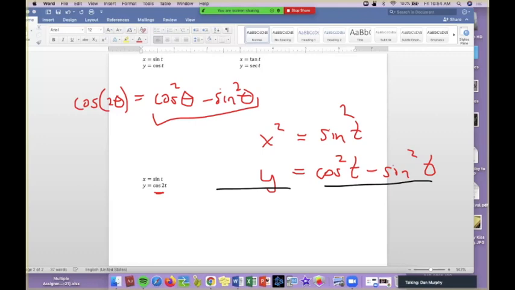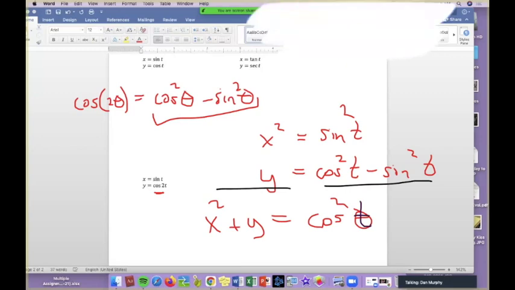And what we end up with is x squared plus y is equal to the cosine squared of theta. And then to get out of there, you've got to use another trig identity. Oh my gosh, I'm so down a rabbit hole, I'm sorry. And this should be t, by the way. The other identity you would need is, let me push the identity up here in the corner.